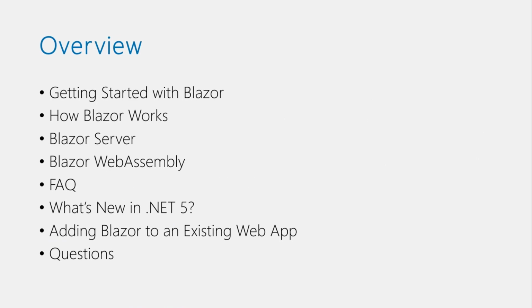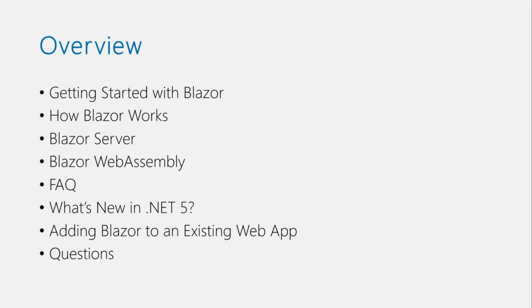All right, so we're talking about Blazor today, and giving an overview of what we're going to be talking about. We're going to be talking about getting started with Blazor, how it works, the two different hosting models, Blazor Server and Blazor WebAssembly. We're talking about some frequently asked questions. We're going to talk about what's new in .NET 5, and we're going to give some overviews with Blazor Server and Blazor WebAssembly, some demos there to show you how everything's done.